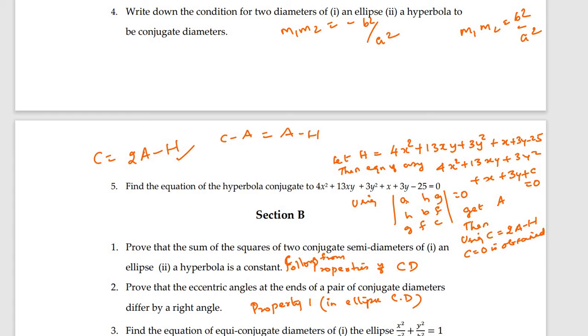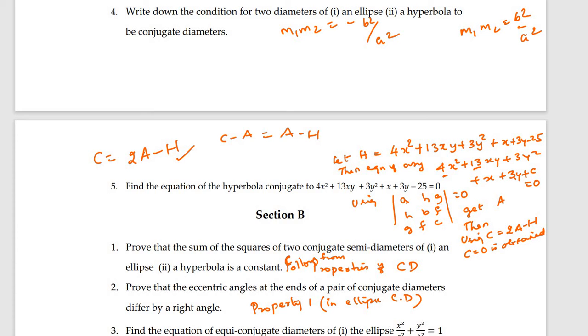So in this case, A stands for this, H is 13 by 2, and this is Ax square plus 2Hxy plus By square. So your B will be 3. 2Gx, so 2G is 1, therefore G is half. And this is F, 3 by 2 is your F, and C remains as such.